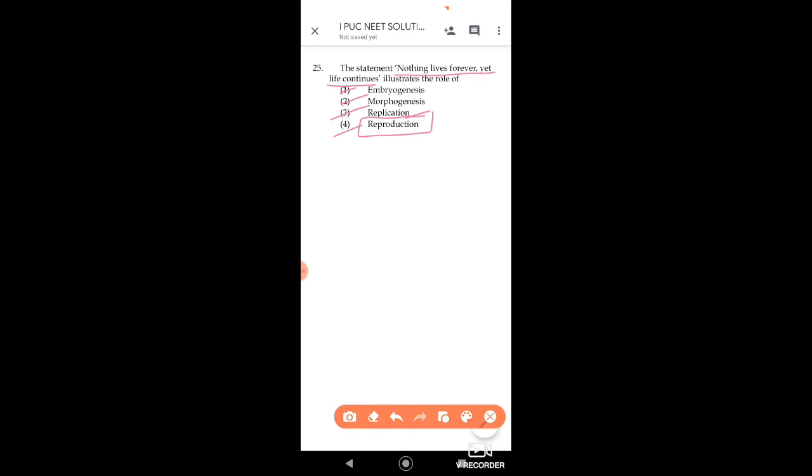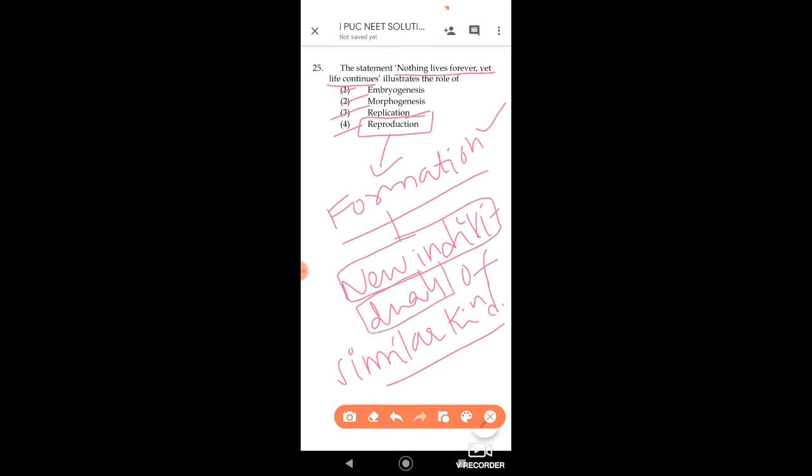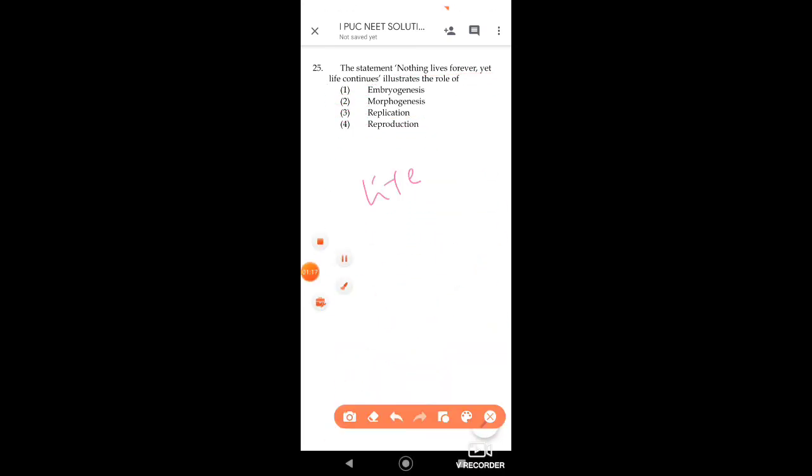Why? Because reproduction helps in the formation of new individuals, rather I can say, of similar kind. So consider this statement very important. Reproduction helps in the formation of new individuals of similar kind. In other terms, life arises from pre-existing life.